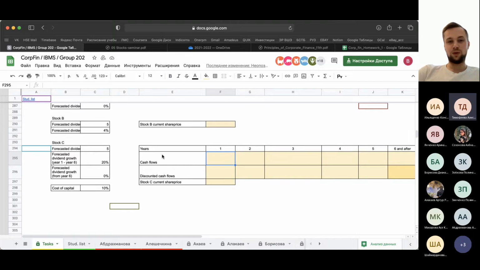So what are we going to have in year 1? We have the forecasted dividend, right? Yep, in year 1 we will have 5 as cash flow. Yes, so we will have 5. What's next? If we have 20% growth in dividends until year 6, what are we going to have in year 2? Well, we need to multiply 5 by 1 plus 20%, that is, plus 5.